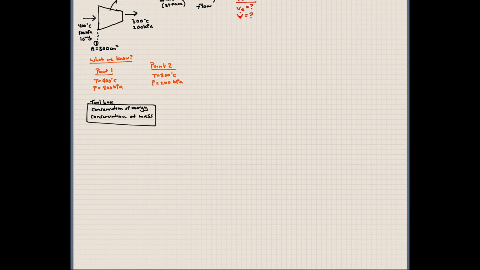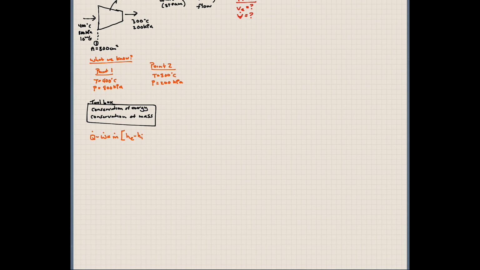And you can start at any one of these, I suppose, that you like. But since I wrote it first, let's write down the conservation of energy. Our conservation of energy is the first law. So we have Q dot minus W dot is equal to, for an open system, the mass flow rate times h exit minus h in.